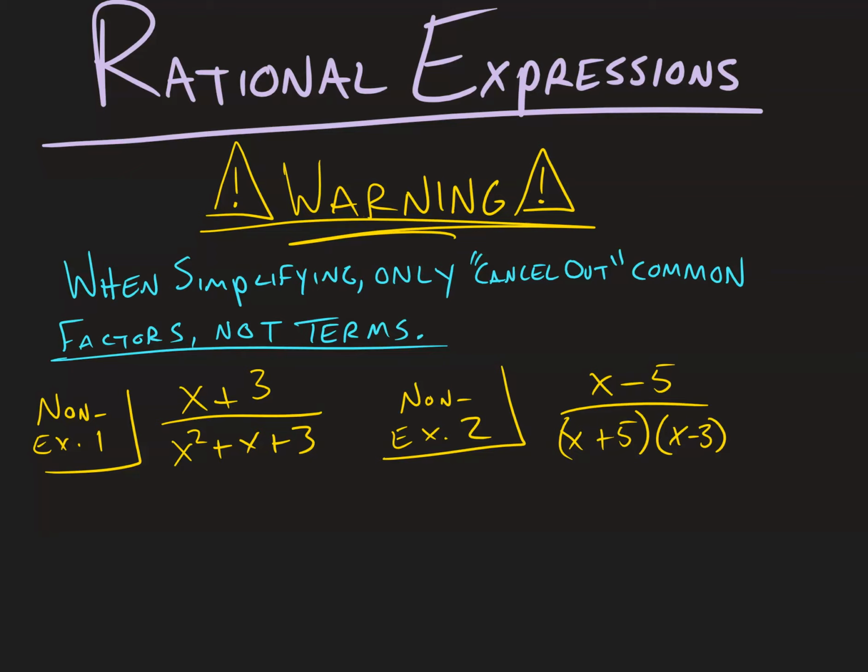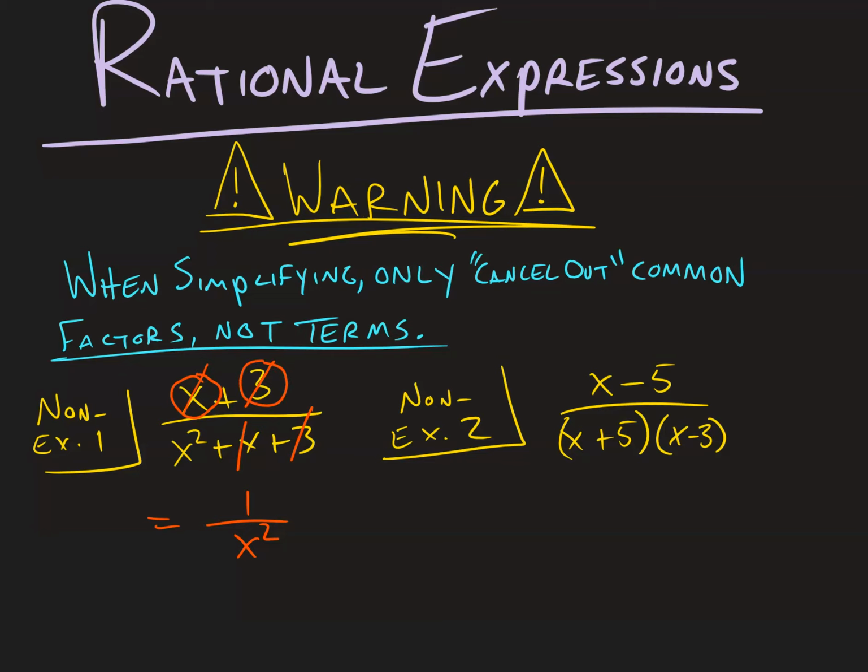So in our first non-example, I have x plus 3 over x squared plus x plus 3. A very common student mistake is to try to cancel out an x right here and a 3 right here, leaving you with 1 over x squared. However, this is a really big mistake because you cannot cancel terms by themselves.